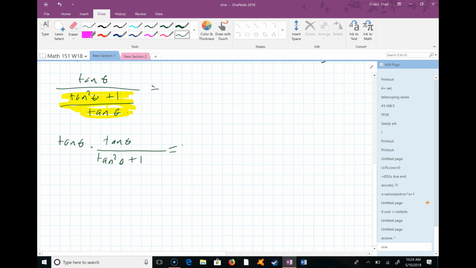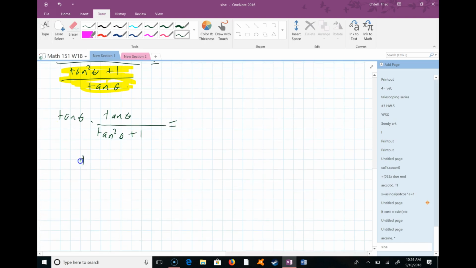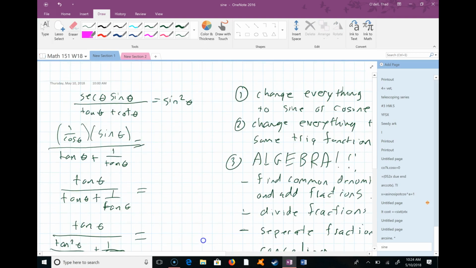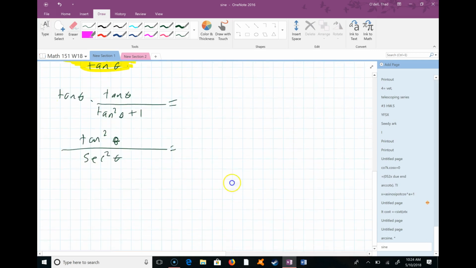Yeah? So then I have tangent squared theta over, and tangent squared theta plus 1 is secant squared theta, right? Now we're trying to get sine squared theta, right? Yeah, okay. So let's see.